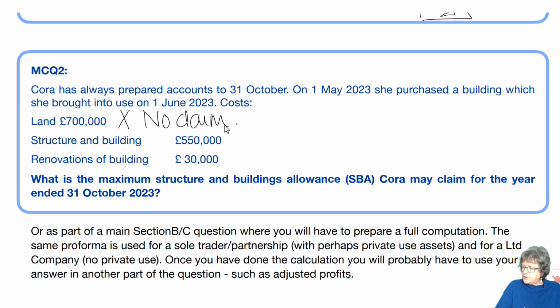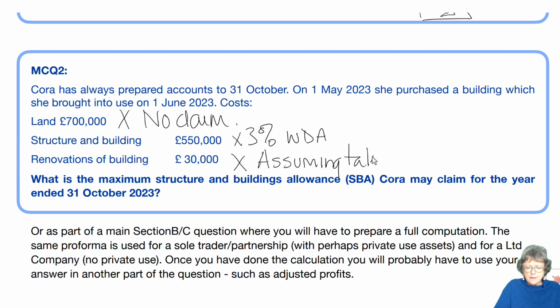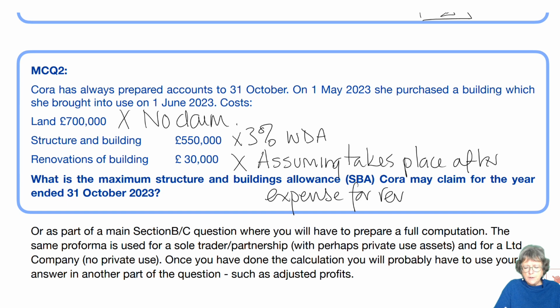Okay, structures and the buildings. She can claim 3% written down allowance. And the renovations, here again, assumptions. We are assuming that it takes place after, and therefore it would go in as a revenue expense in the accounts.